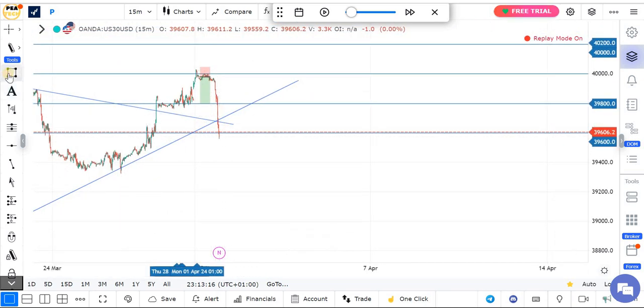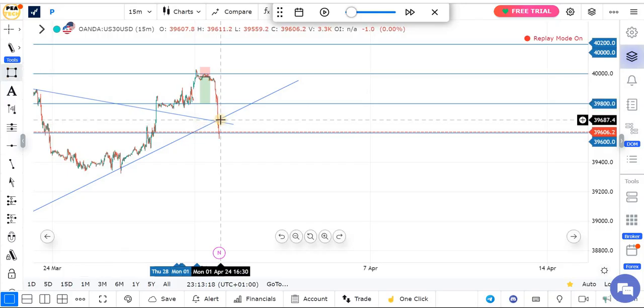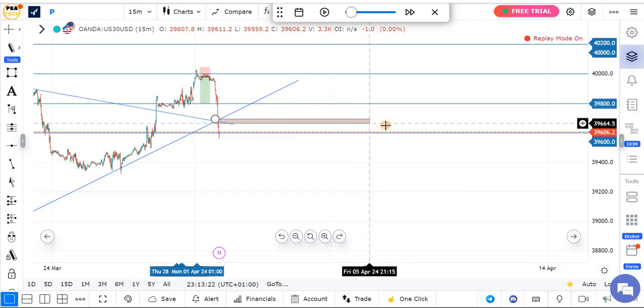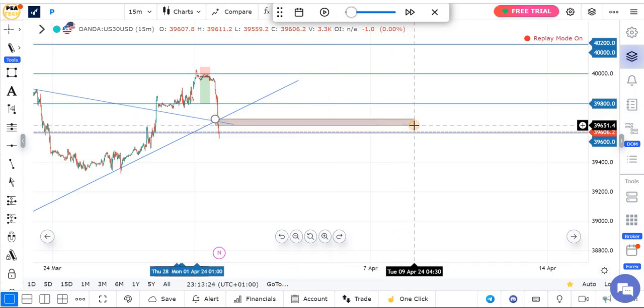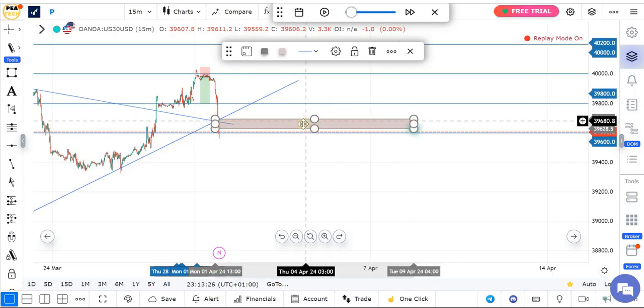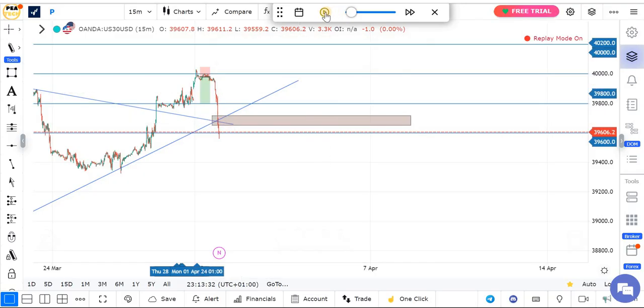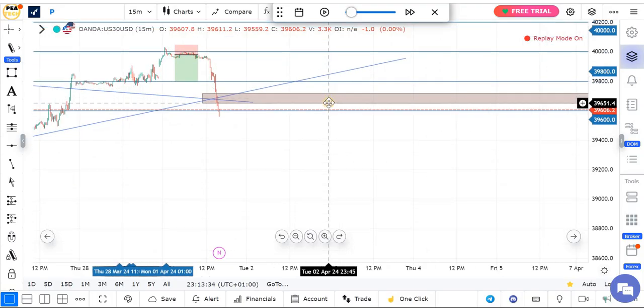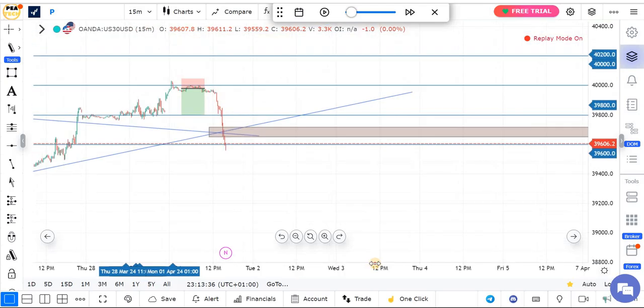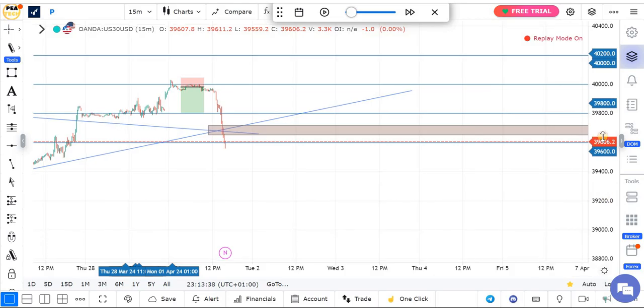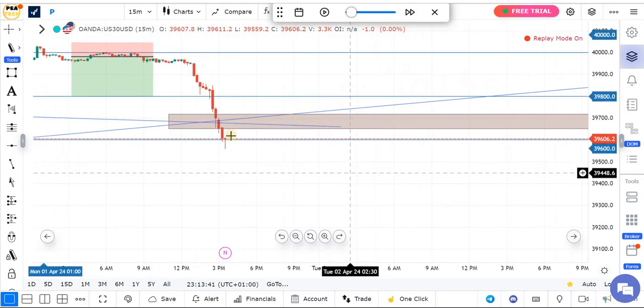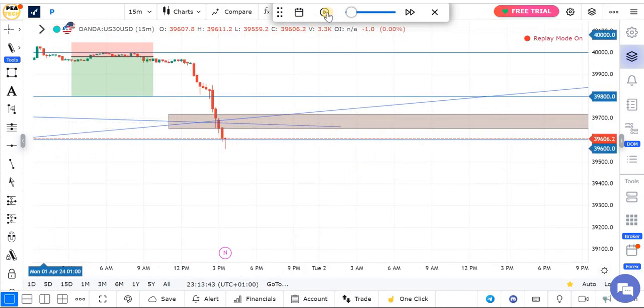So next thing, the moment you break out of a trend line, you want to draw a rectangle at the point where the break happened. Just draw it and put it there, and observe what the market will do. Right, so we want to see if the market is going to respect this, and let's watch.